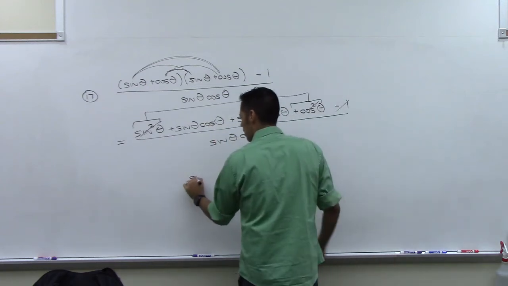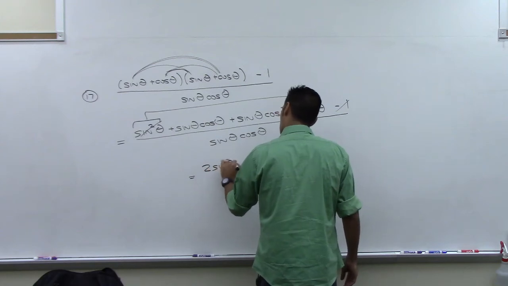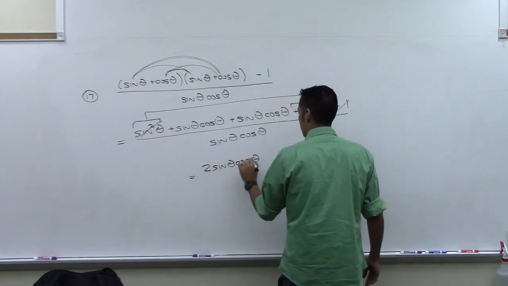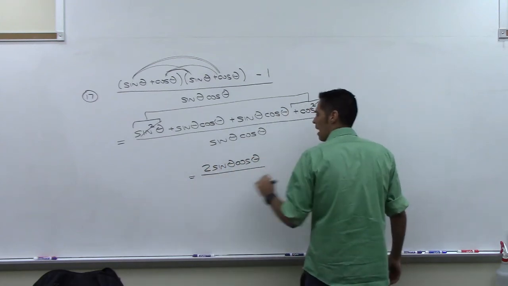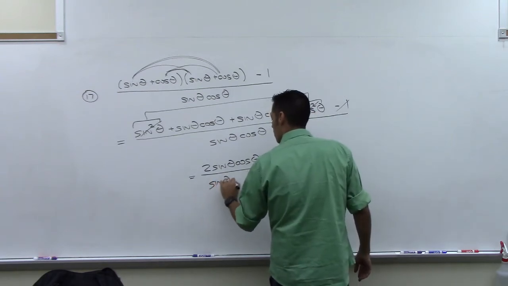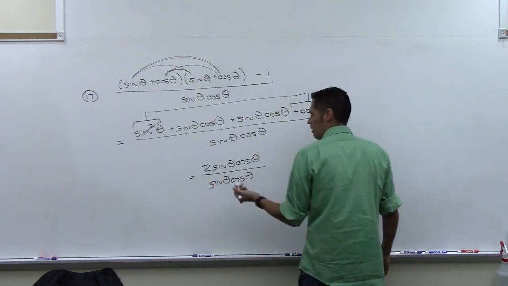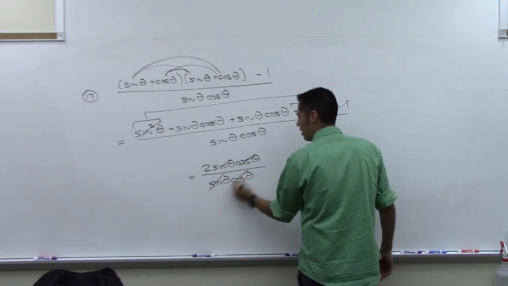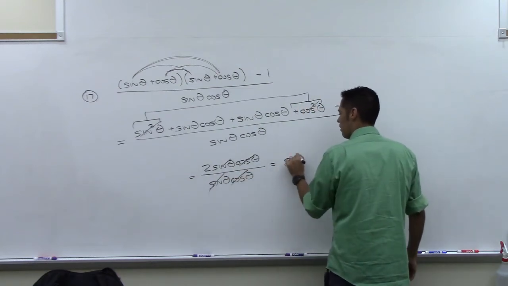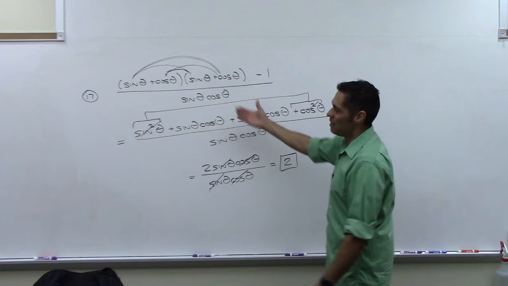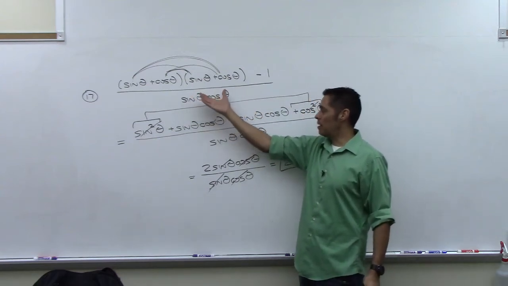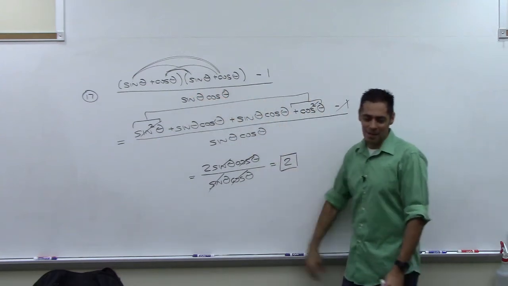That's 2 of them. So I've got 2 sine theta, cosine theta. It was 2 because I'm adding, right? I'm not multiplying those. And then all over sine theta, cosine theta. And look at this. Sine thetas cancel, cosine thetas cancel. All you're left with is the number 2. So this big old ugly expression is just a very complicated way of writing the number 2.